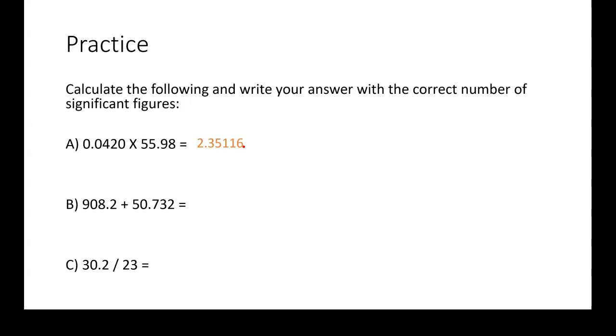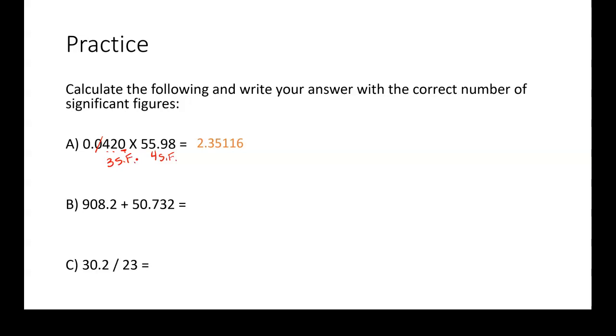Okay, so I need to know how to round this. So I look here, and I see I've got 4 sig figs in this number. And in this number here, there's a decimal point, but this is a leading 0, so it doesn't count. But this is a trailing 0 after a decimal point, so it does count. So I've got 3 sig figs in this number.